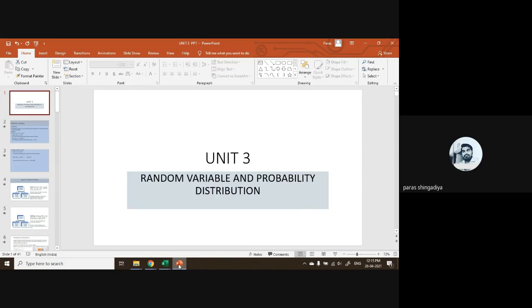In that lecture, we discussed the regression concept and its various formulas to derive the regression line y on x as well as x on y, and the various formulas of the regression coefficients byx as well as bxy. We discussed 7 to 8 examples on this topic: if a table is given, how we can derive the regression line, and if both regression lines are given, how we can find the regression coefficients.